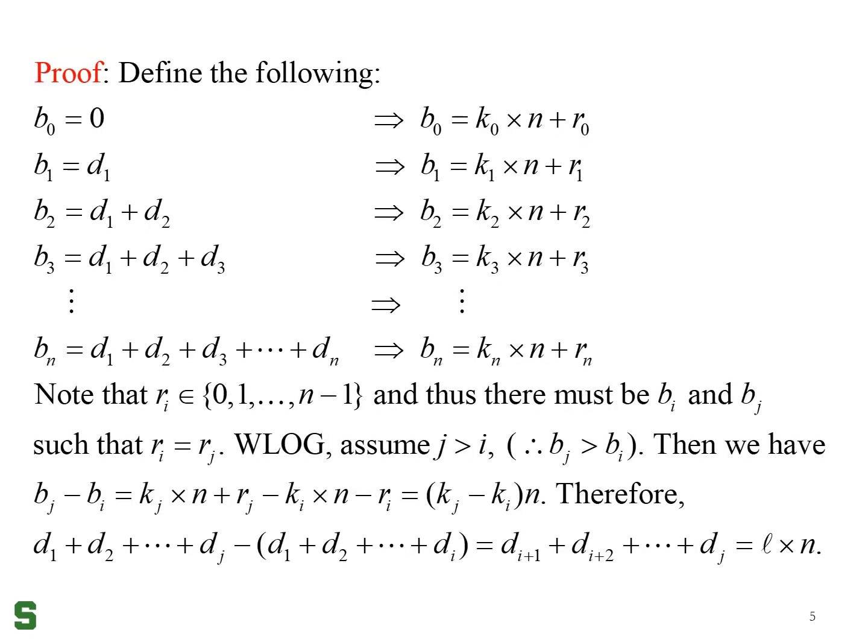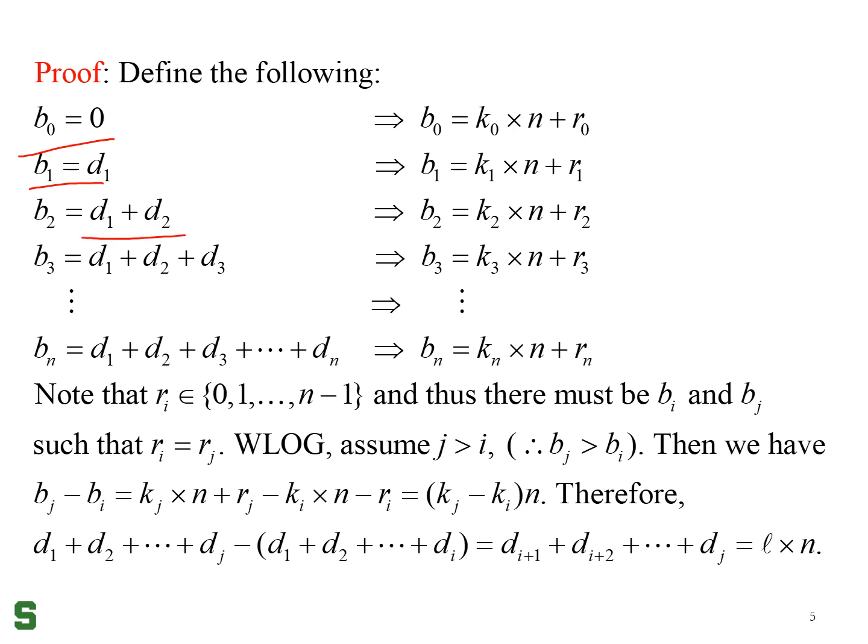So let's see why this is true. What we're going to do is take the numbers that we have and add them one at a time. We are going to start with the number 0. Then the first number is b0, which is 0. I'm going to add the first number. That will get me b1. Then I'm going to add the second number.